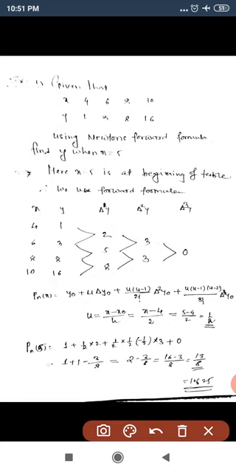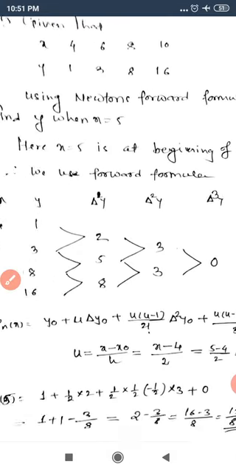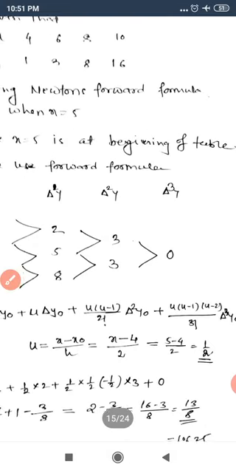Now let f of x is equal to y0 from Newton's forward formula: y0 plus u into del of y0, plus u into u minus 1 upon 2 factorial del square of y0, plus u into u minus 1 into u minus 2 upon 3 factorial del cube of y0.